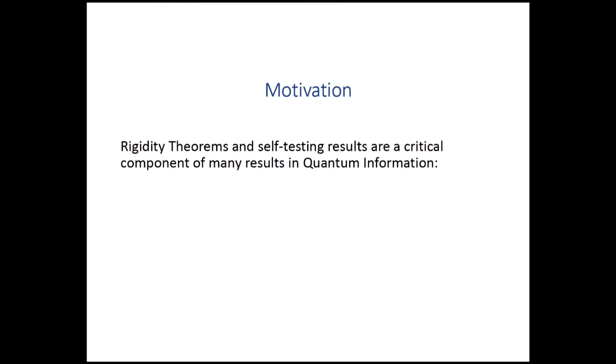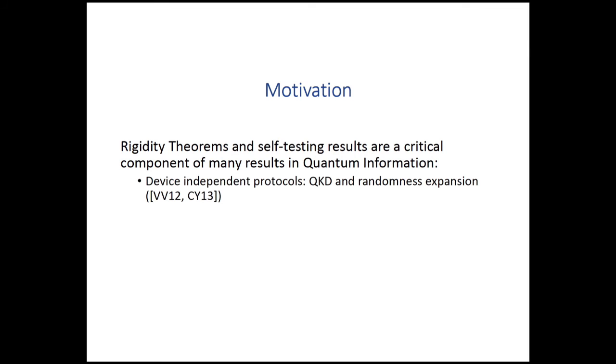And now that I've done the main theorem, maybe I can elaborate a little bit more on why that was important to us. Rigidity results in general are important to us because they have applications in a lot of other results in quantum information. They sometimes can be used in device-independent protocols. They're also used in interactive proofs for the local Hamiltonian problem.